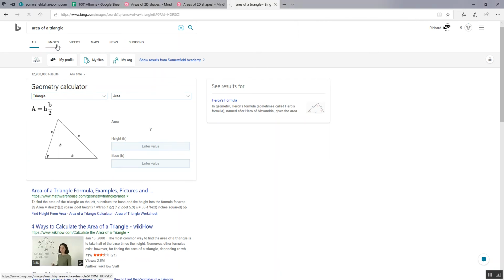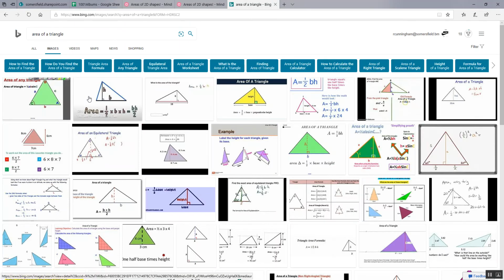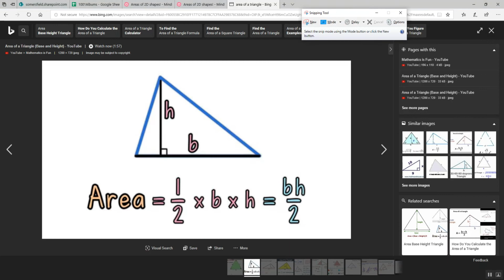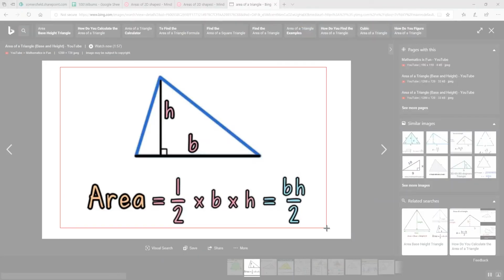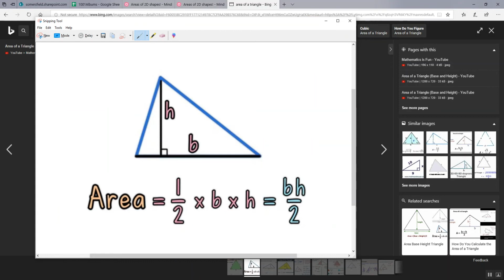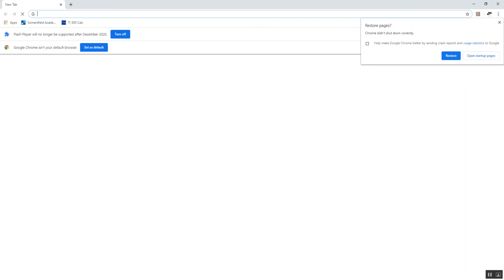Let me find a nice picture. Alright, this is a nice one. I'm going to use this. I'm going to snip it. Copy it. And then put it in. That's not the right thing, it's this one.